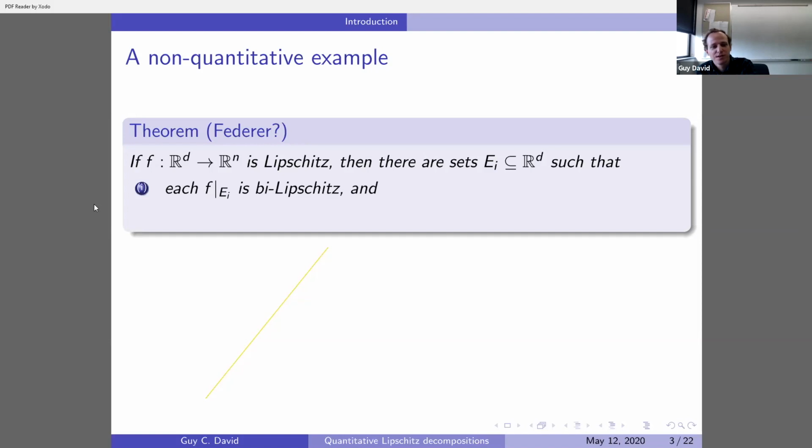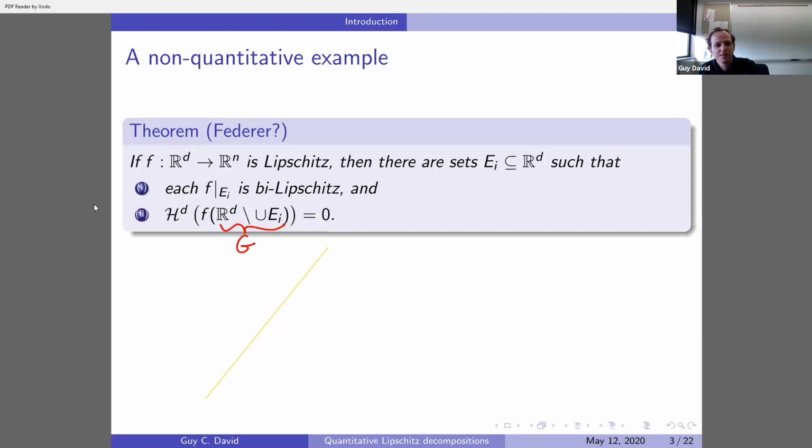Okay, so it preserves distances up to some constant factor. And the remaining stuff has small image in the d-dimensional Hausdorff measure. Okay, so this R^d minus the union of your sets is this garbage set that I call G, and the d-dimensional Hausdorff measure of the image of that stuff is 0.